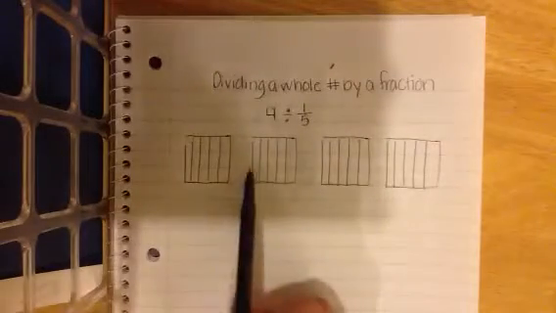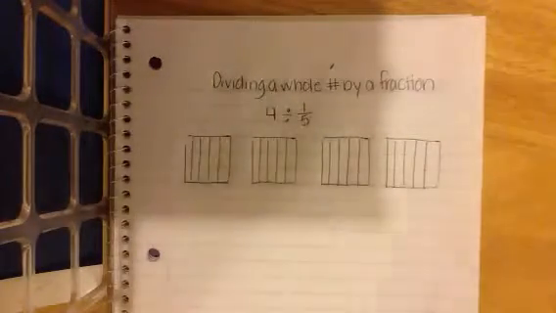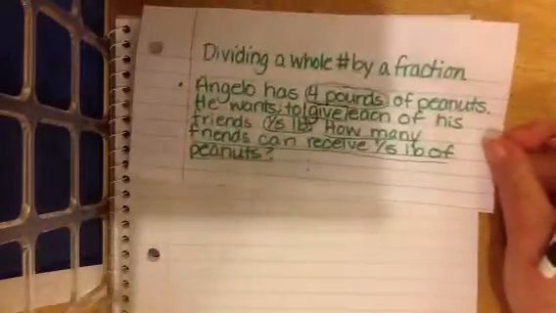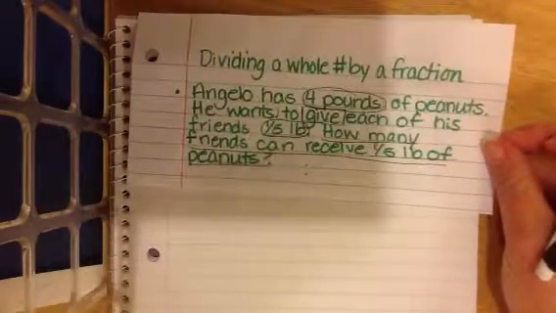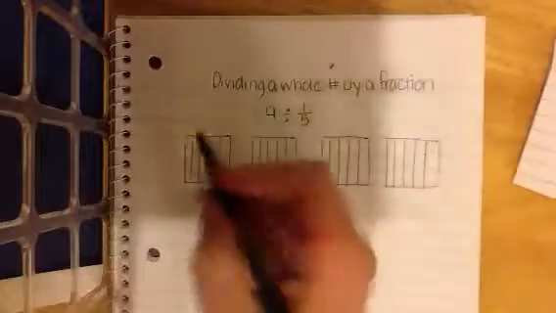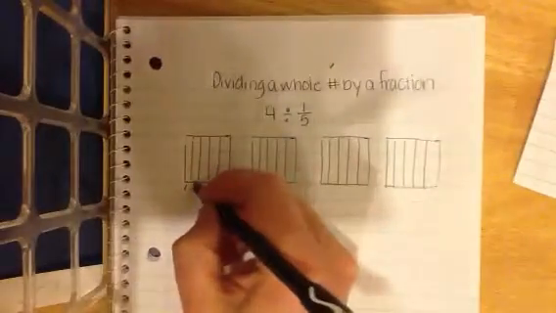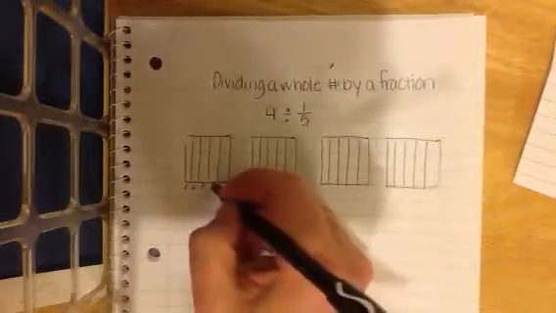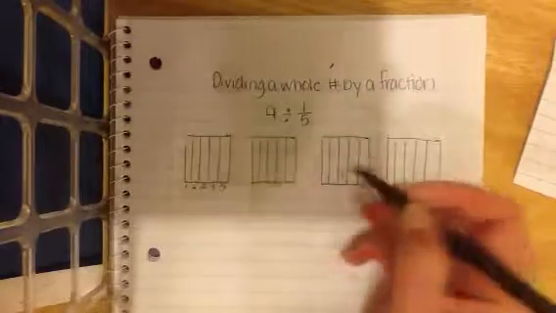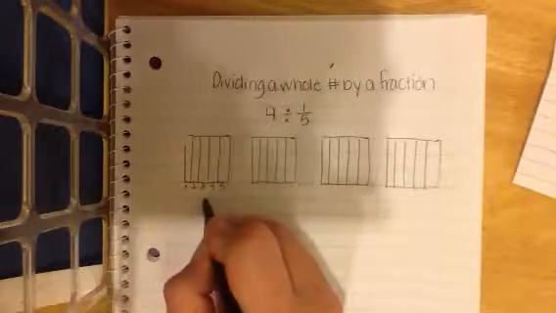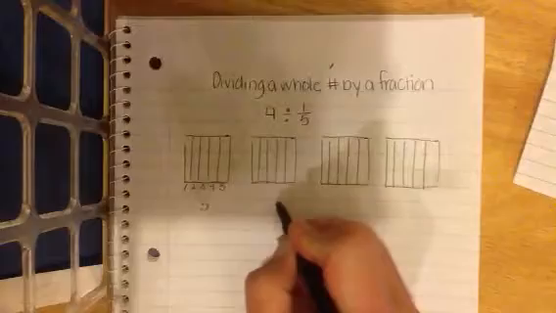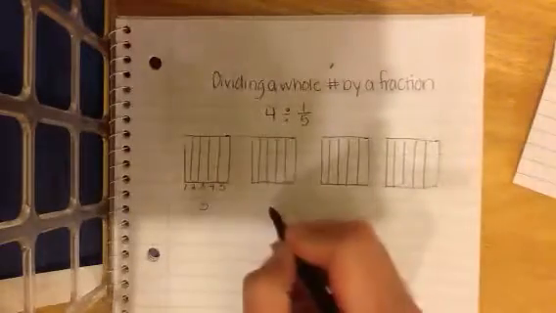So how do I find my answer? My question says, how many friends can receive 1/5 pounds of peanuts? I could go through and label. I'm going to give this to my first friend, second friend, third friend, fourth friend, fifth friend. I'm going to go on. This box I could give to 5 friends. I'm going to continue my pattern with the next 4.